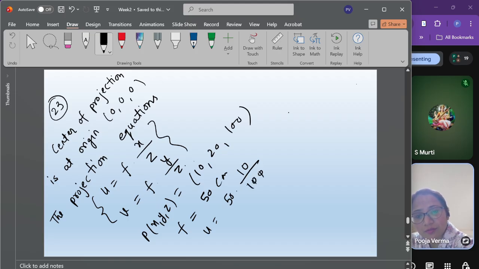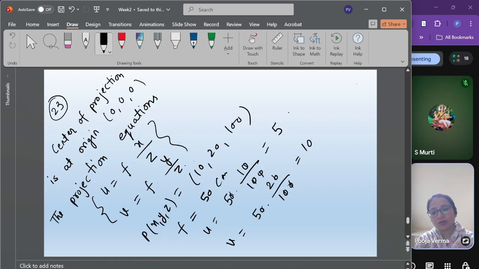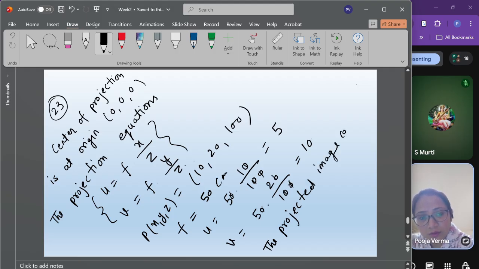If you calculate it, you will get u is 5, and v is equal to 50 times y, where y is 20, divided by 100, so it is 10. So the projected image coordinates u and v are 5 and 10.